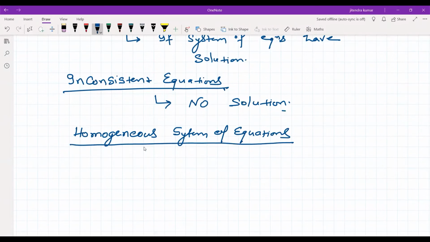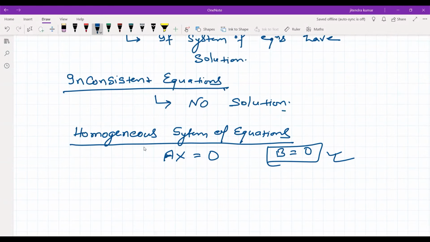These are basically systems of equations having the constant part 0. In terms of matrices, I will write it like this: Ax equal to 0. It means in this case, we have the matrix B equal to a null matrix. So this kind of system of equations is called a homogeneous system of equations.